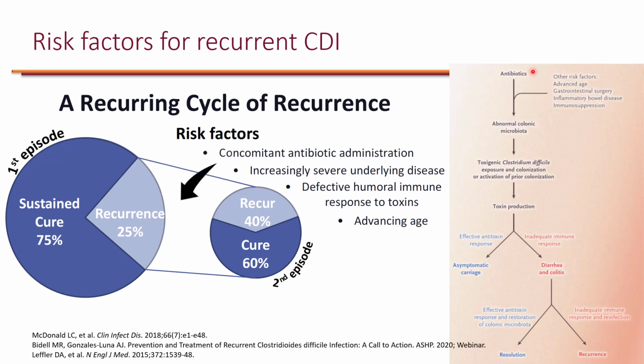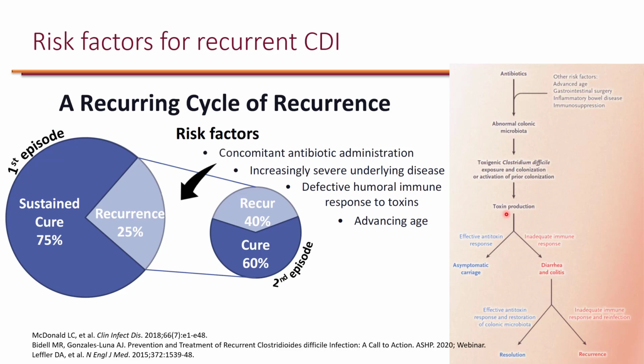So when we give antibiotics to a patient which will disrupt the normal flora, the patient will be at risk of getting toxigenic Clostridioides difficile. And then inside the patient, the bacteria will start toxin production. And then once the toxin is produced, then the immune system can actually respond.